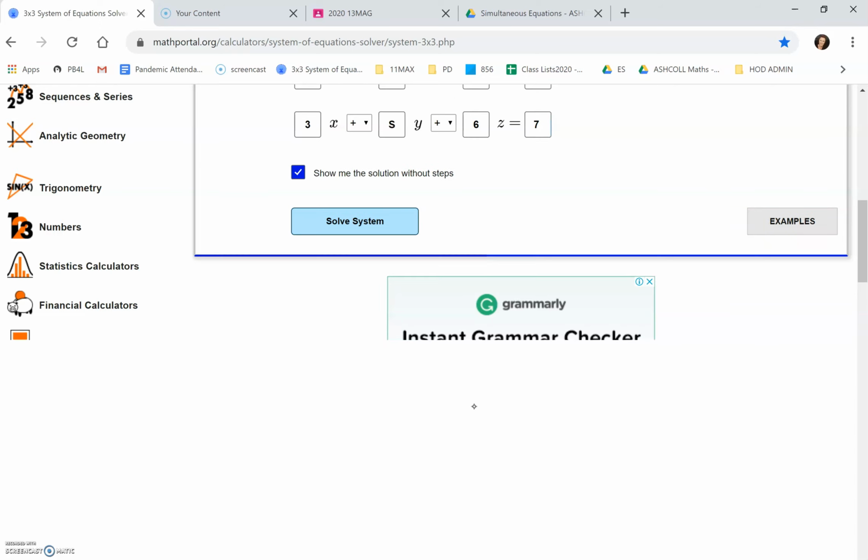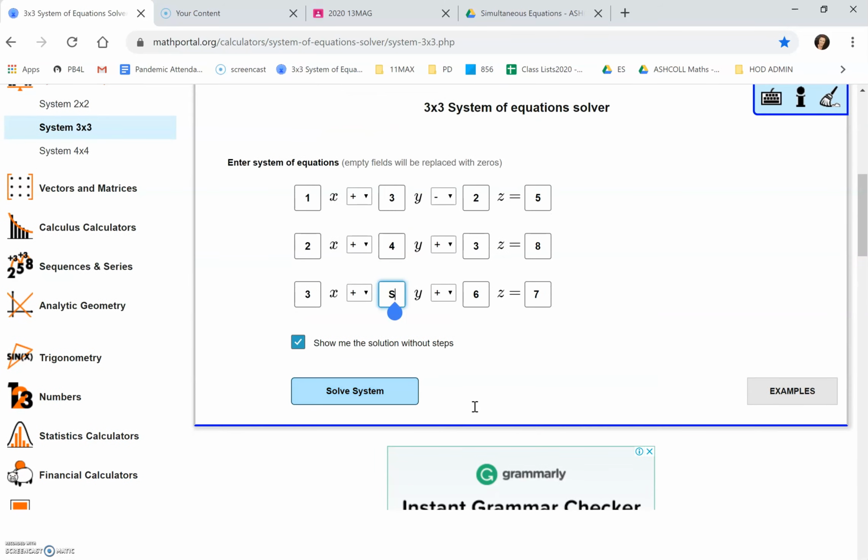And show me the solution without the steps, because the steps are no use to us. They solve them using different methods. Oh, I put an S instead of the correct one, which should be a 5.